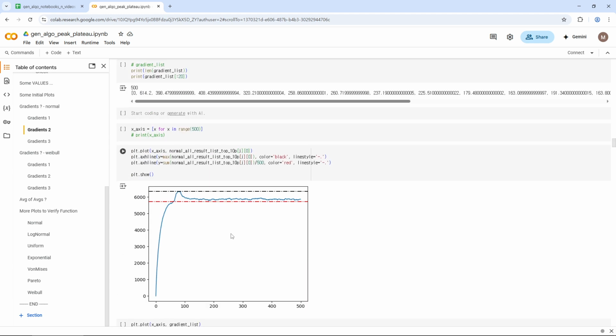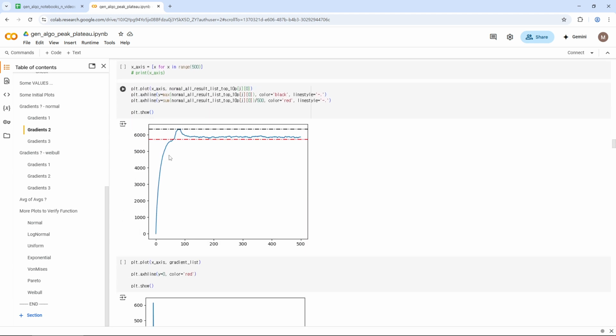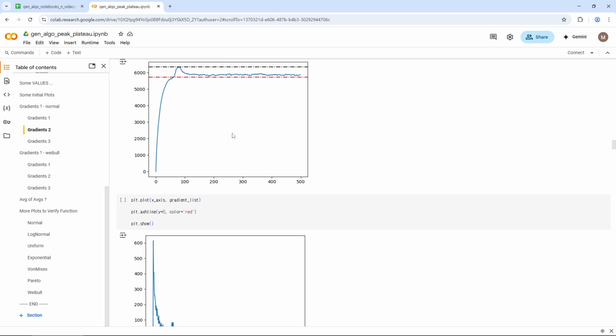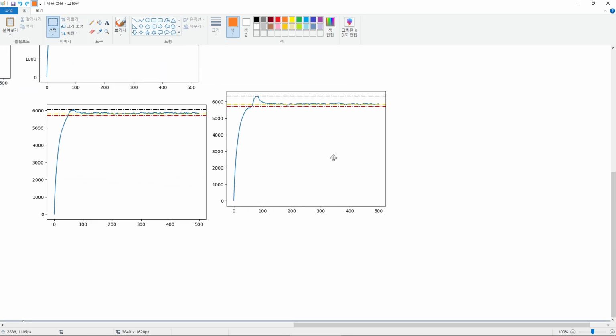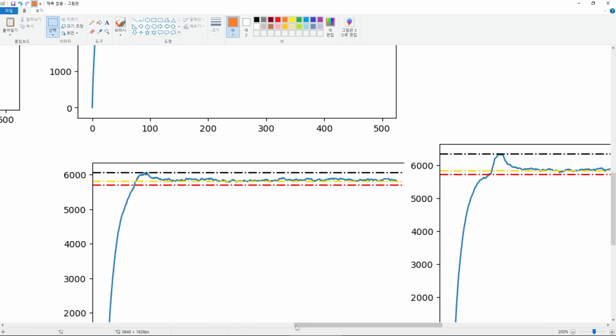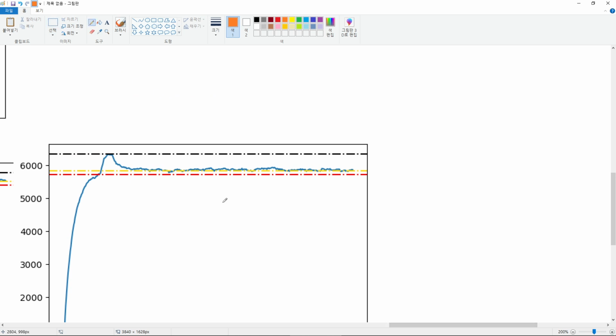Let's look at when we have a bigger, higher peak and more of a dip, a more pronounced dip. Now we have a better plateau level. I think that's fair, right?